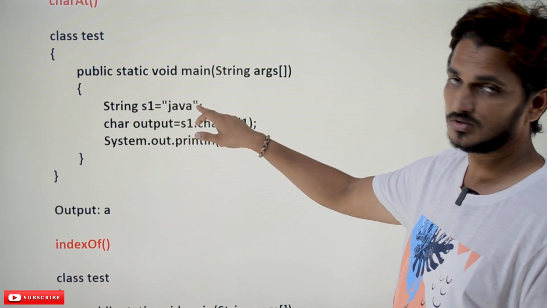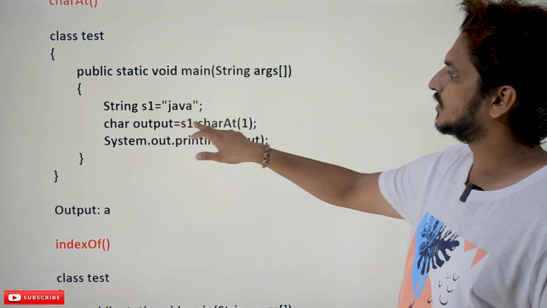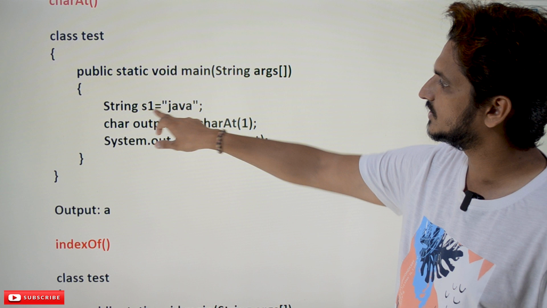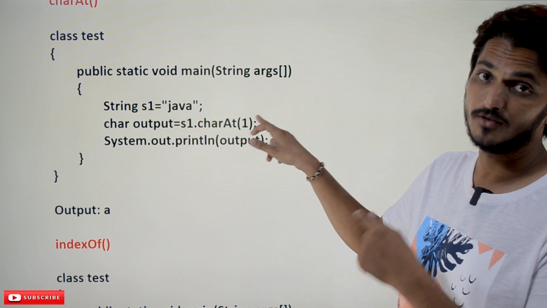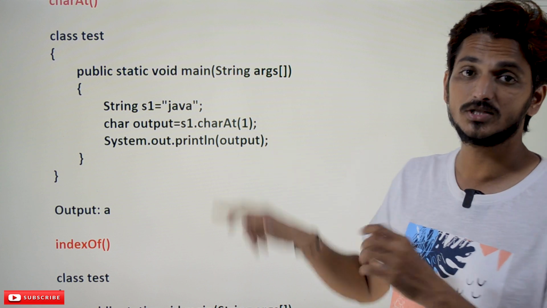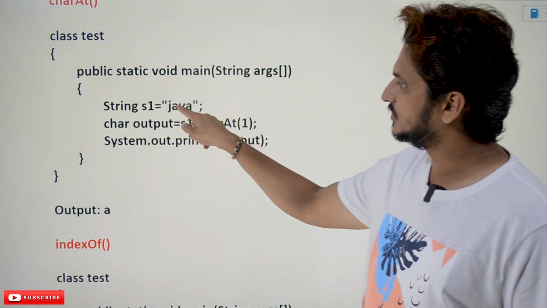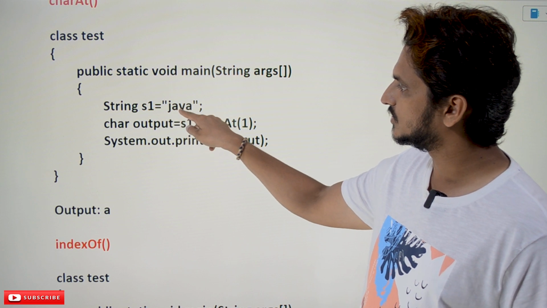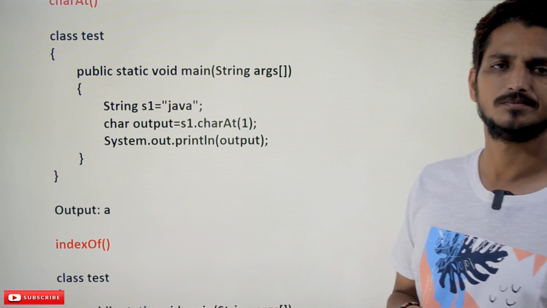String s1 is equal to Java. Consider the string as Java. char output is equal to s1 dot charAt, where s1 is the string object and you are calling that method, and in the method you have to mention the position. In Java, J is the 0th position, A is the first position, V is the second position, A is the third position.